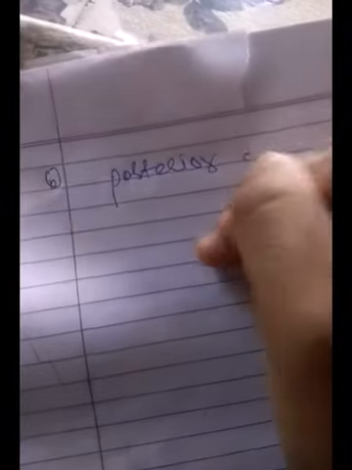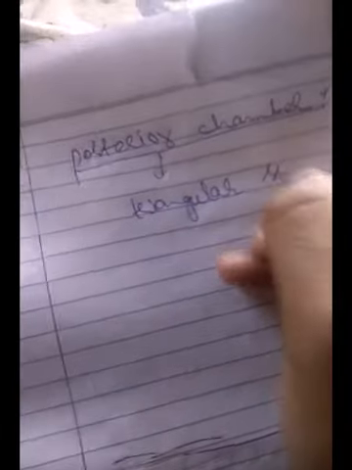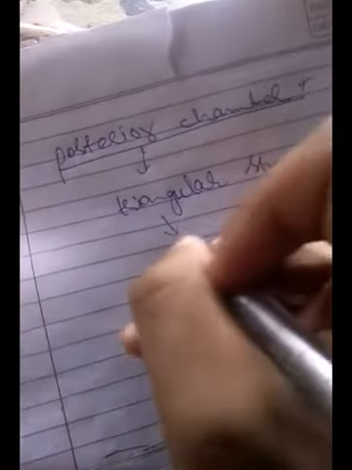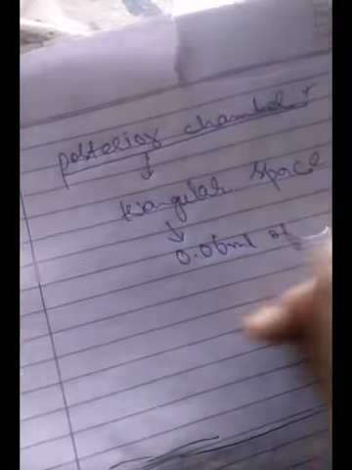Posterior chamber. It is a triangular space which contains 0.06 ml of aqueous humor.